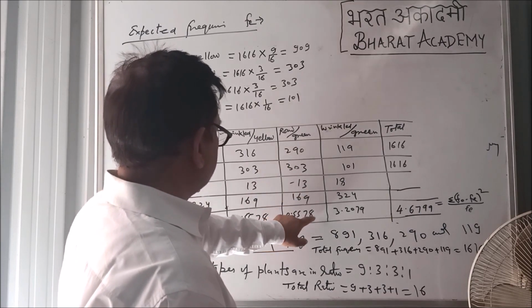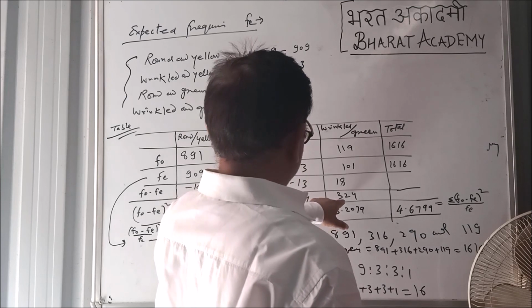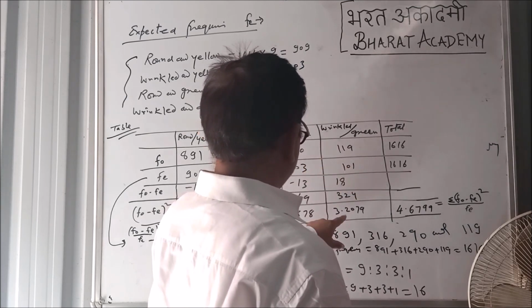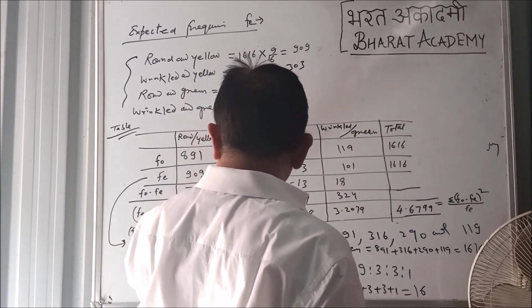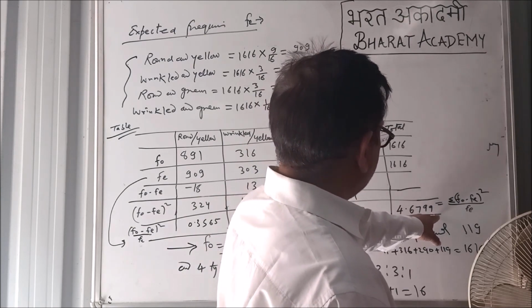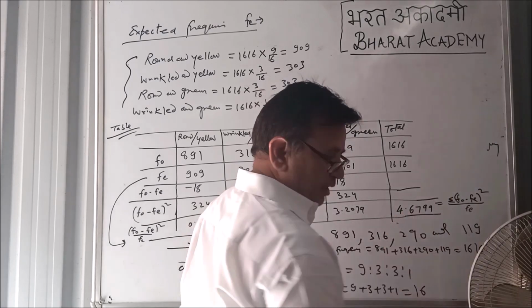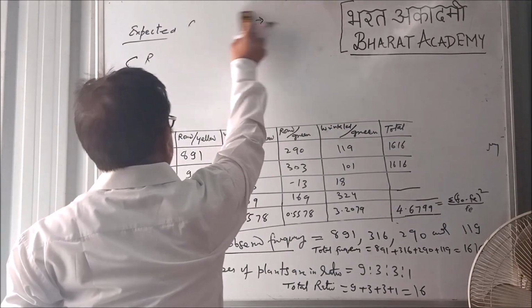This is 0.5578. And the last one, the FO minus FE, its whole square is 324. It is divided by FE, FE was 101. You will get 3.2079. And calculate all these values, you will get 4.6799. This is the value of summation FO minus FE, its whole square upon FE. Actually, this is nothing but value of chi-square.